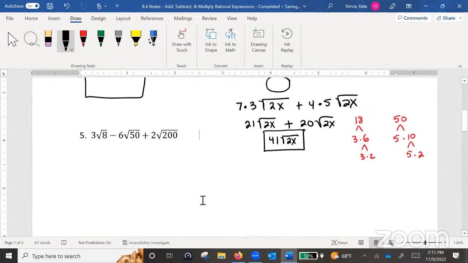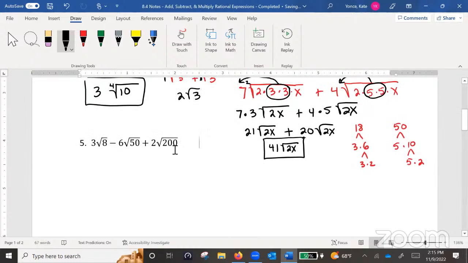All right. I'll walk around. Go ahead and do a prime factoring tree on each of these because none of these are perfect squares: square root of 8, square root of 50, square root of 200. Do your tree and get them all into prime numbers, and then we'll go from there.